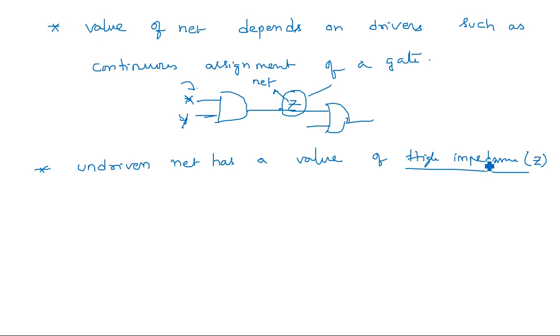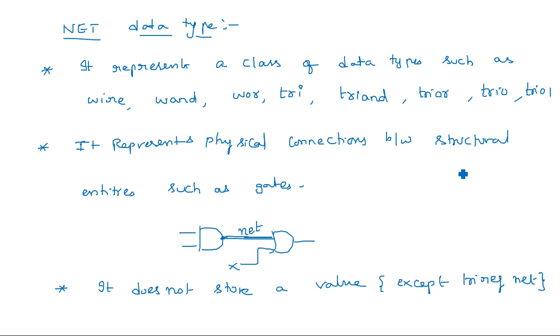All the terms I have explained here, like wire, wand, wor, tri, tri0, tri1, are different interconnections used to provide physical connections between the elements. A wire establishes a connection with no logical behavior or functionality implied. A wire just carries the information.